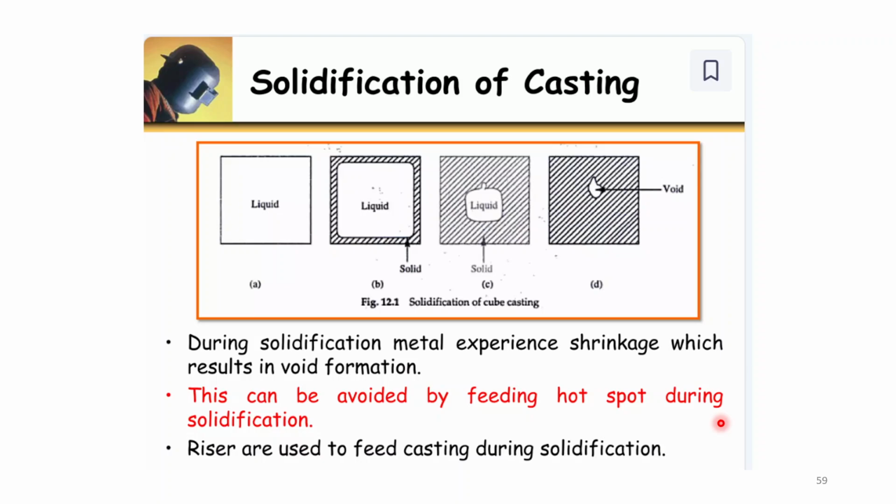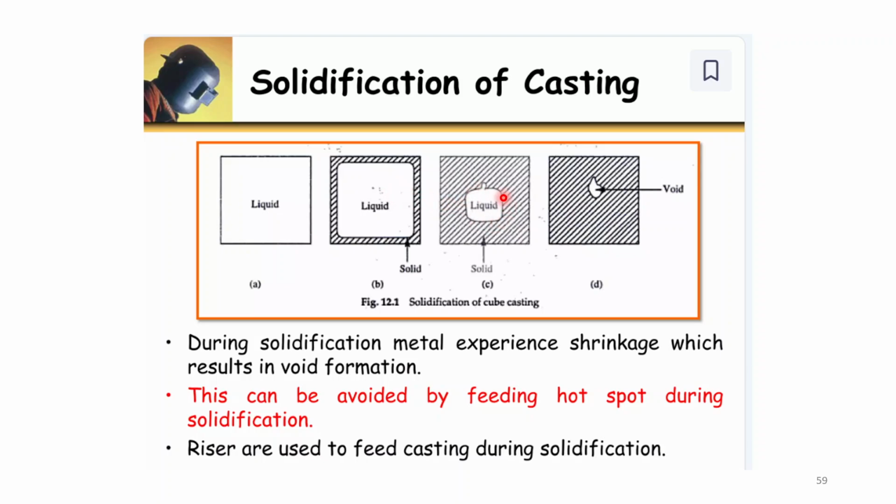Now, solidification of casting. So here you have entire liquid, then solidification starts from the walls, right? Because the walls are already cool, there will be higher heat transfer at that point. So the solidification will start at the walls, then it will move inwards.